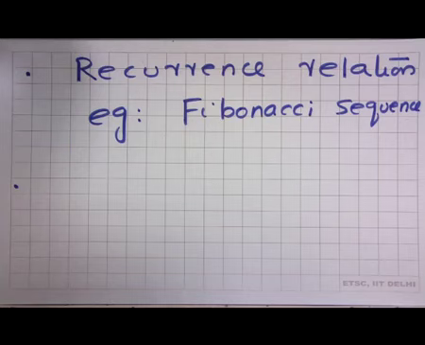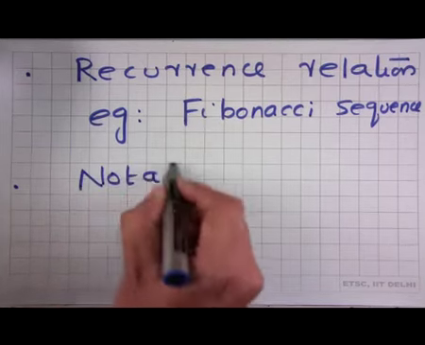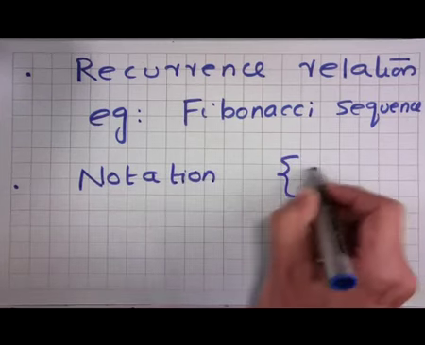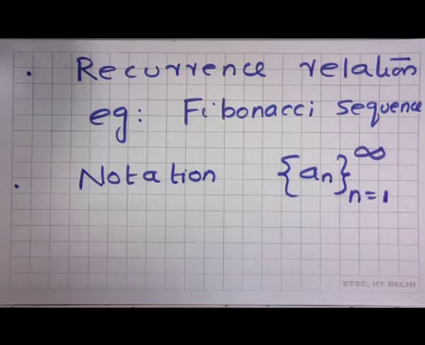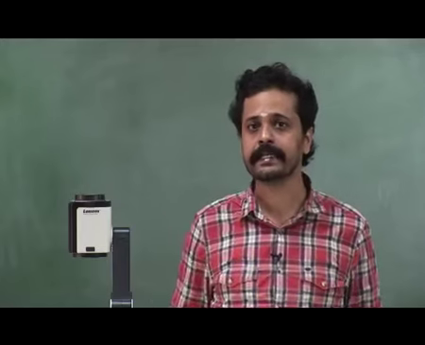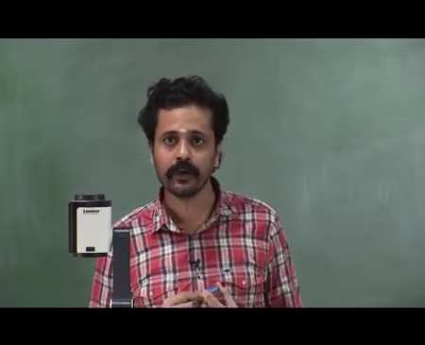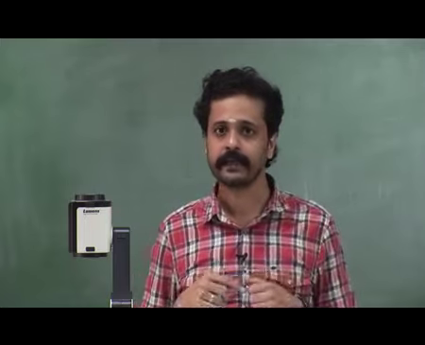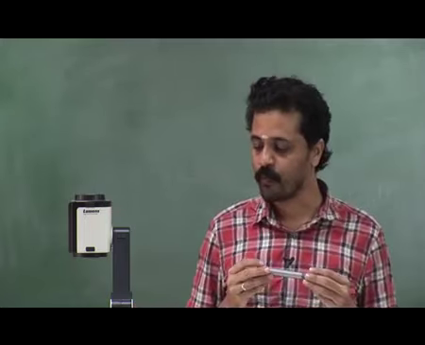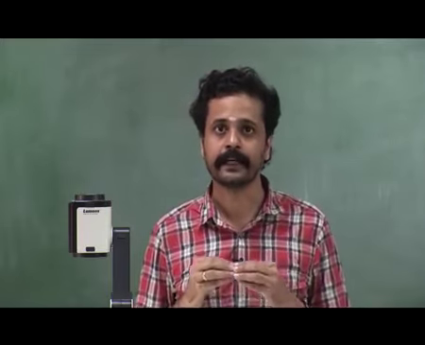Though we use the notation a_n, n is equal to 1 to infinity for a sequence, the distinction between a sequence and a set deserves to be stressed. Note that in a set, order of elements is not important, whereas in a sequence, order matters a lot.